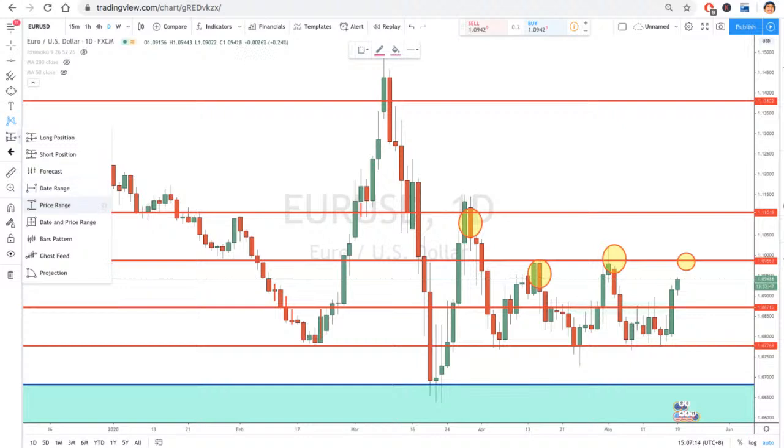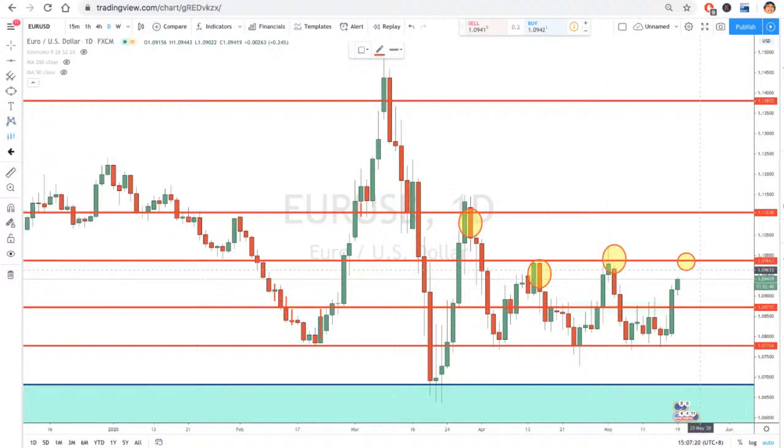Price range. Forecast. Is it this? Let's see. Oh yeah, okay, it's this. So we are going to sell here and take profit here. It's about 188 pips. So I think 100 pips is enough for us.